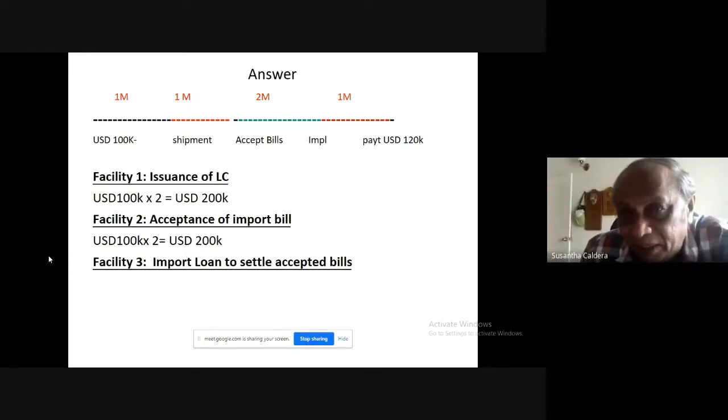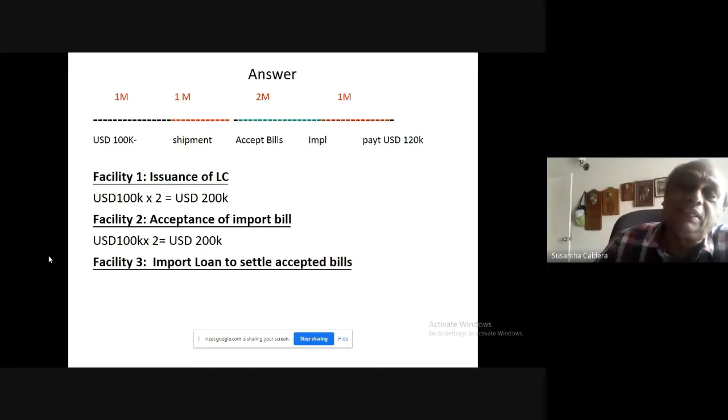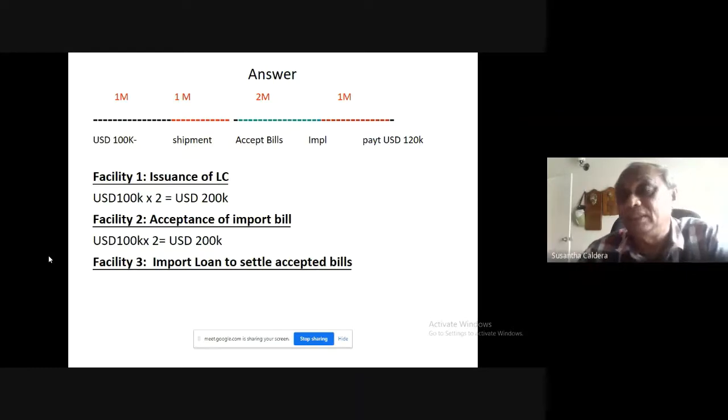But we don't have money to settle the first bill, because we will be getting the money only after 90 days, 3 months. After 2 months we'll have to settle, but we'll get the money after 3 months. 1 month gap is there. So we give them an import loan.